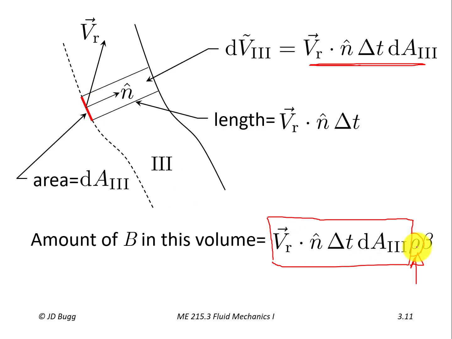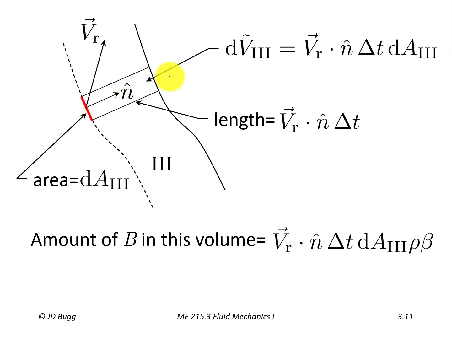And then finally, we multiply that by beta. And remember what beta is? Beta is the amount of B per unit mass. So we multiply that by the mass in that element of volume, and we get the amount of B. So this expression, all of these things multiplied together, tells us how much B there is in this volume.